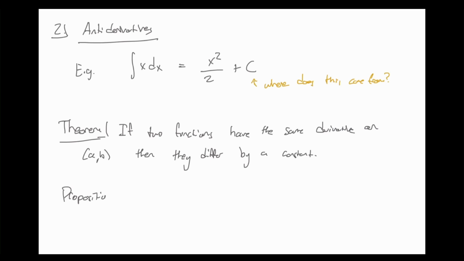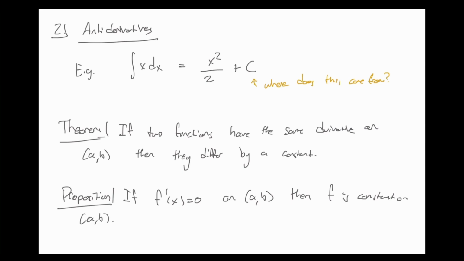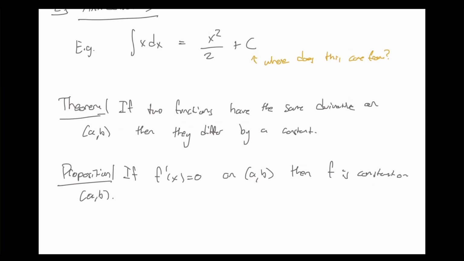I'm going to write it as a proposition. If f prime of x is equal to 0 on the open interval a to b, then f is constant on the open interval a to b. Now, the converse of this is very simple.